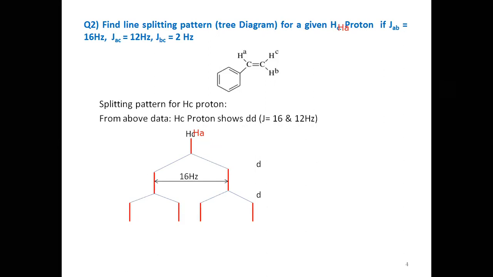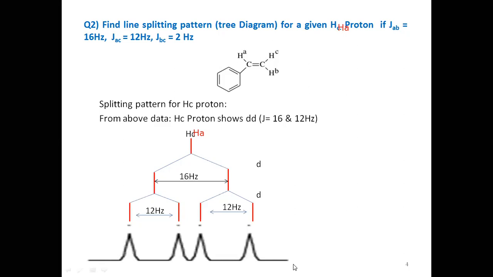So you are getting 4 lines for HA, and your peak will appear like this, 16 and 12 hertz. You can calculate their line values. If the machine frequency and delta value of that particular proton are given, one can calculate the J value and the value of each line.